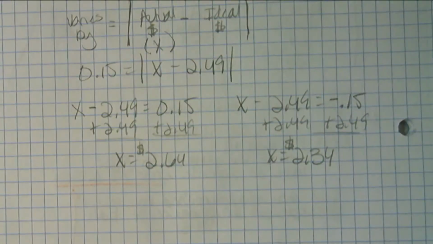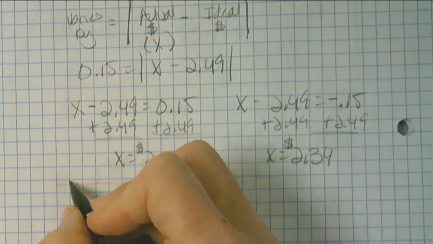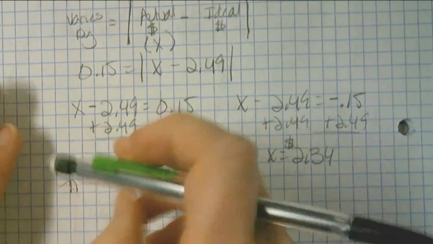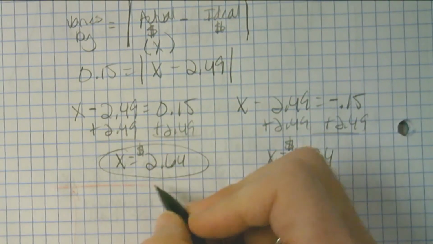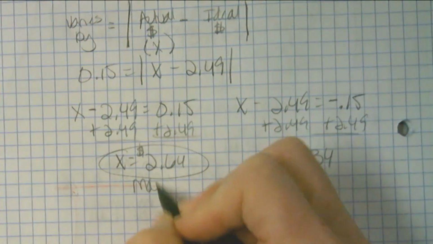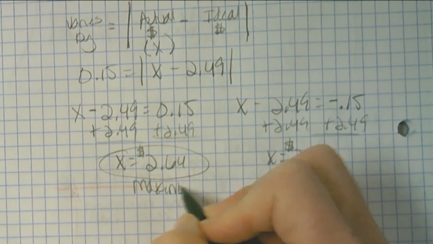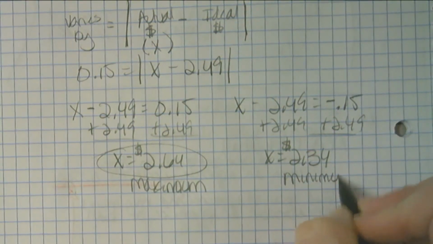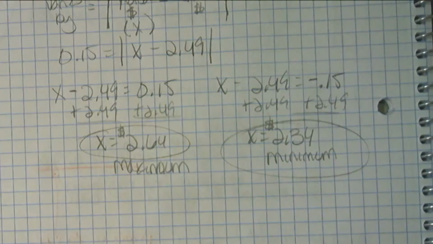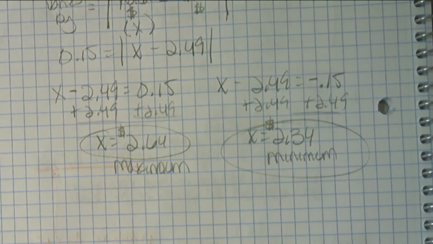So if I write this as an answer, I would write it as a sentence. I'm not going to do that because I know we're running out of time. So this would be our maximum. And this would be our minimum. And we'd write that as a sentence. You guys know that.